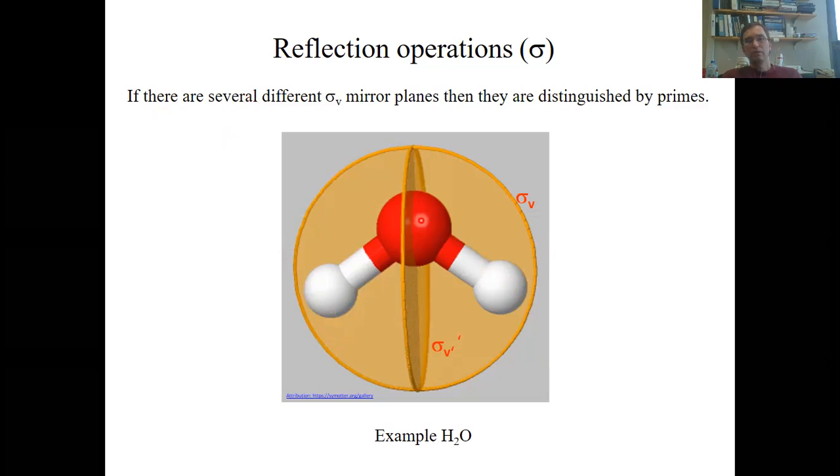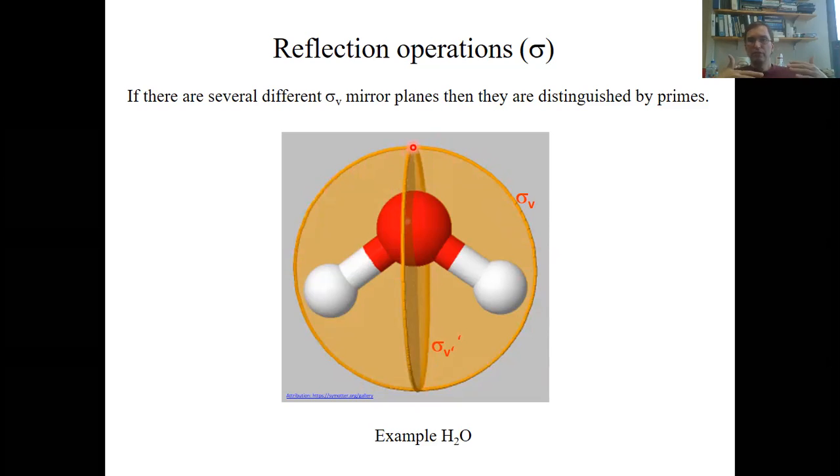Here's a water molecule. It contains two vertical mirror planes. Okay, so the principal axis, the C2 axis, stands here, and we have one vertical mirror plane which is within the plane of the molecule, and we have another vertical mirror plane that bisects the molecule. So now, obviously, these are not conjugate.